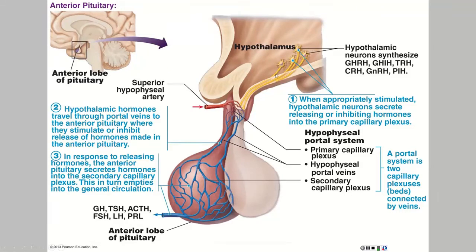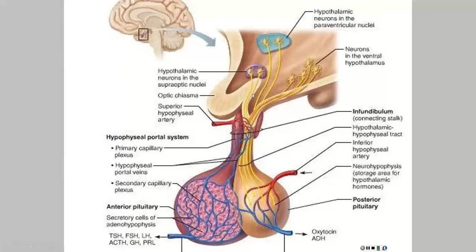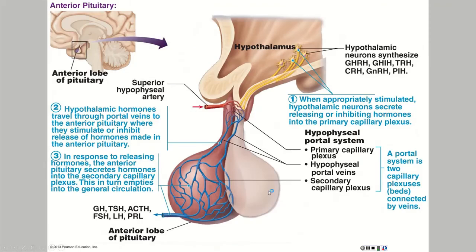If we look at the layout of these neurons as opposed to the layout of the neurons we talked about last class, there we see the neurons extend all the way down into the posterior pituitary. But in the anterior, it's different. In the hypothalamus, these neurons extend down and stop right at the start of the infundibulum. They do not extend down into the anterior pituitary.